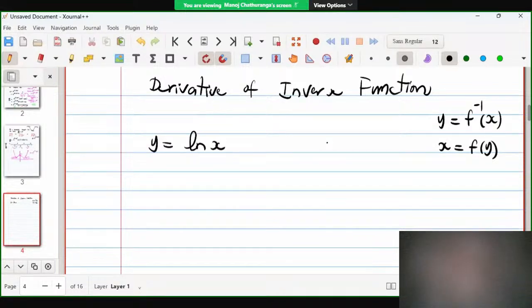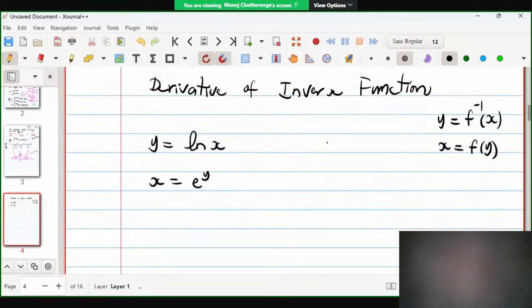When we have this relation, we can remove the log function and make it a relation involving the exponential function: x equals e to the power of y. So it's the same thing written for log and exponentials. Now imagine that we don't know about the derivative of the log function.